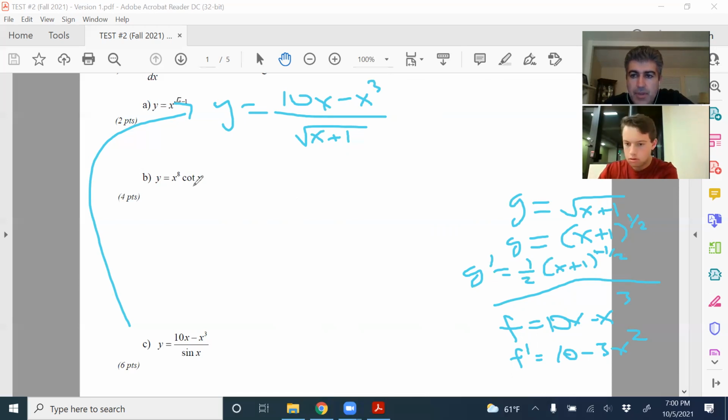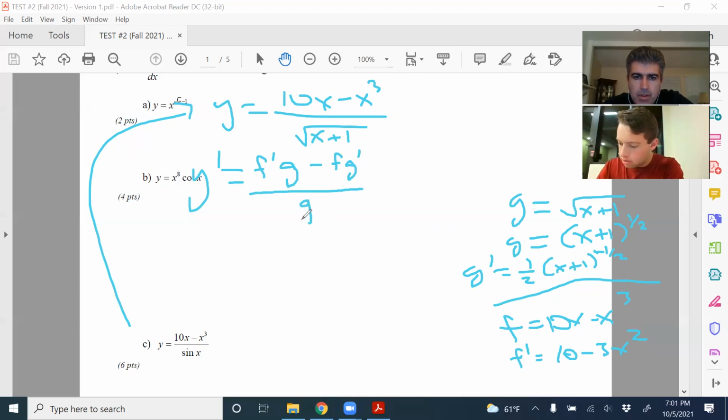So now you have to piece it all together, because y prime is going to be f prime g plus f g prime over g squared. 10x minus x to, oh, no, it'll be f prime.